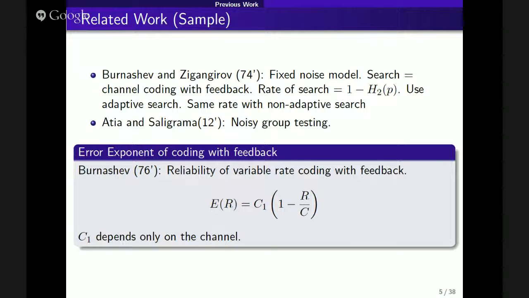There's a huge body of work on this problem, but mostly on the combinatorial version, meaning there is no noise: whatever you get as an answer is the right answer. There's much less work on noisy group testing, and most of these works only give order results, meaning they give bounds on the number of samples you need as an order of the population size and the number of targets.